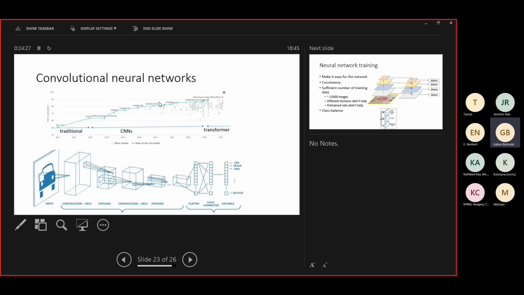And then up until a few years ago, about 90% accuracy was achieved. And quite recently, about a year ago, interestingly, the transformer-based networks, the ChatGPT-like networks, took over from the original convolutional networks.